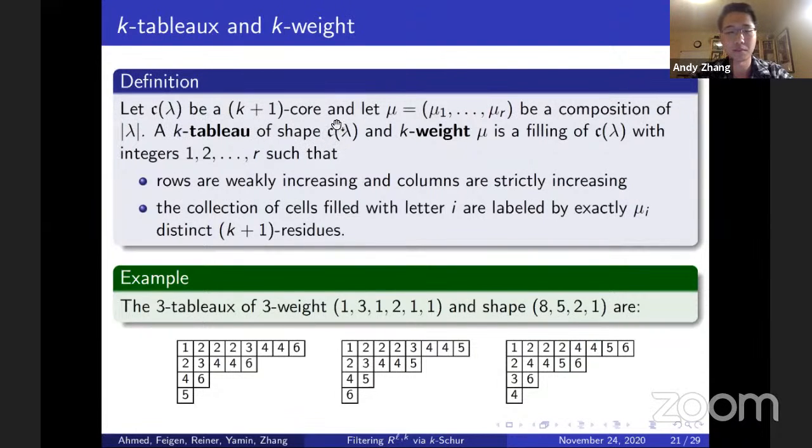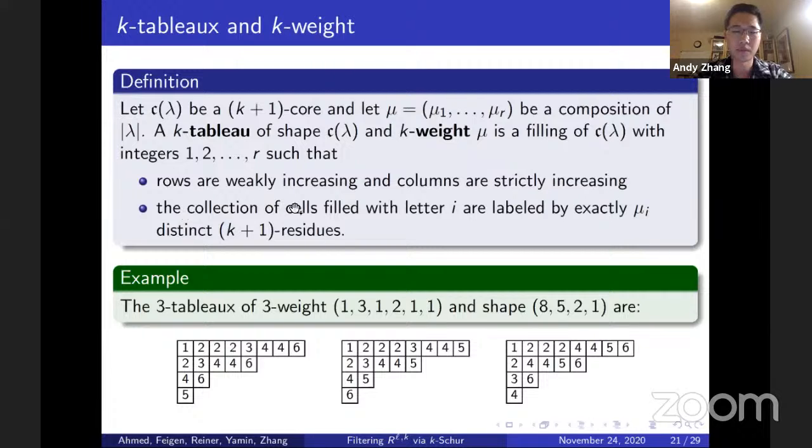It's defined to be a tableau of shape C of lambda, and you also specify some weight, which you will use later. And these tableaux should satisfy the two additional properties, that rows are weakly increasing and columns are strictly increasing.